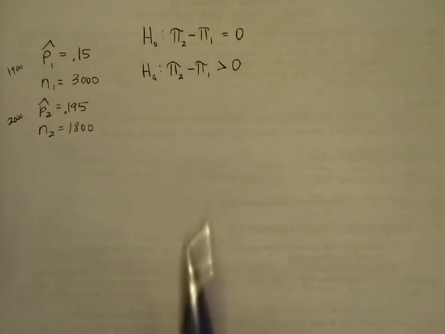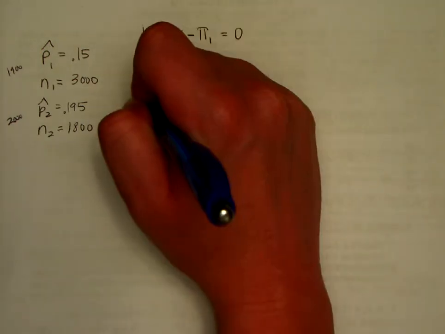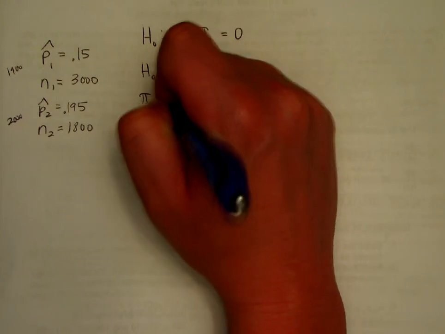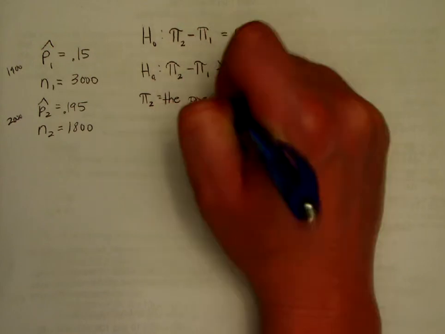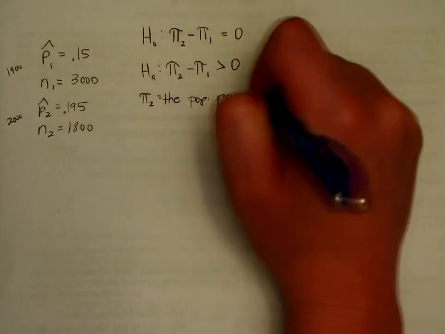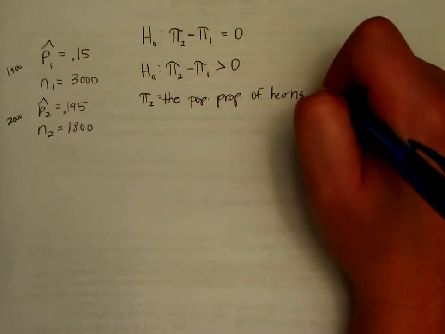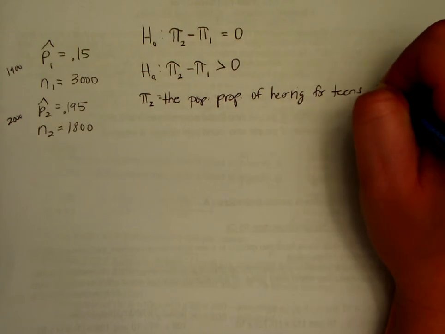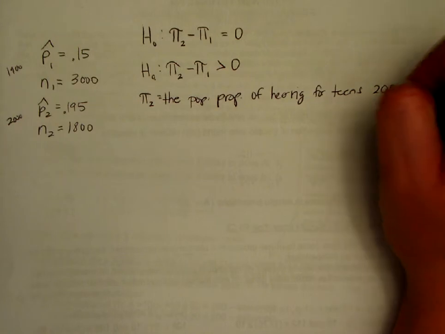Okay, so here we are. The one thing that has to be defined are the parameters. So it's extremely important that we define this. Pi 2 is the population proportion of hearing loss for teens in 2005 to 2006.